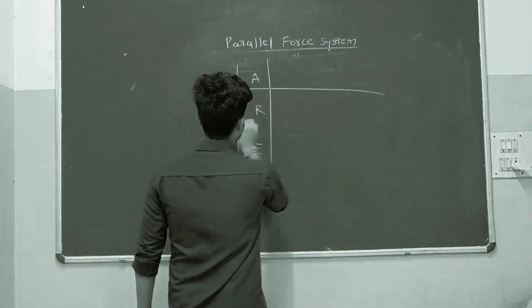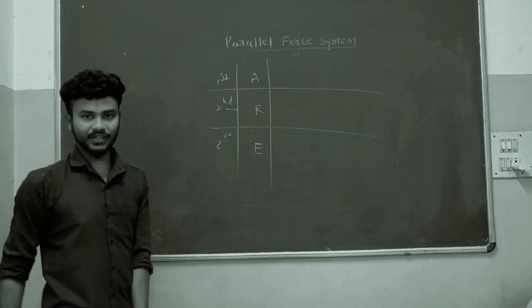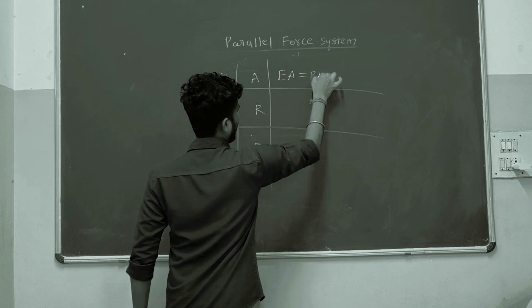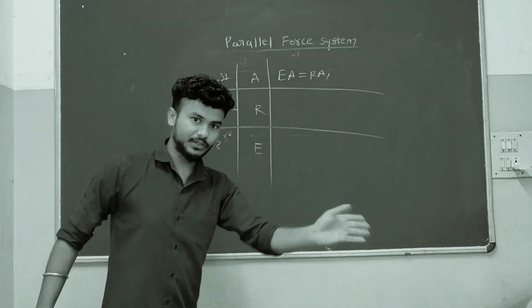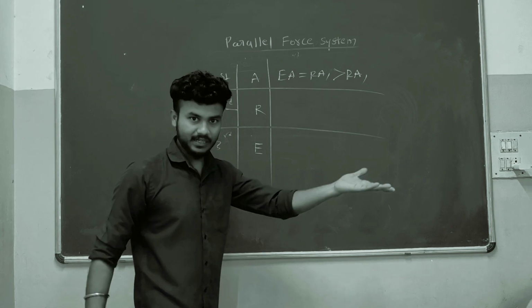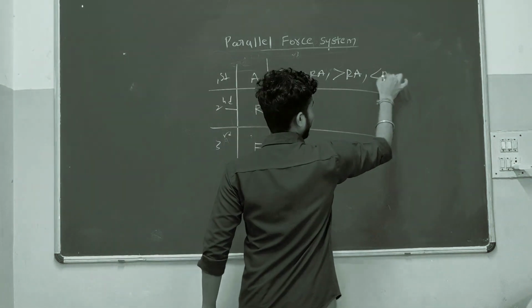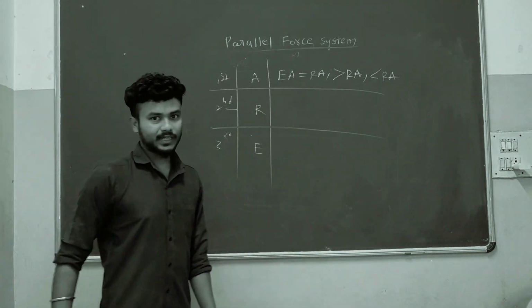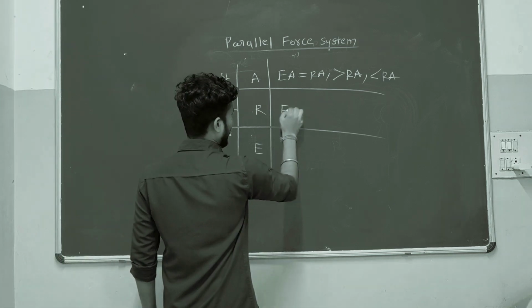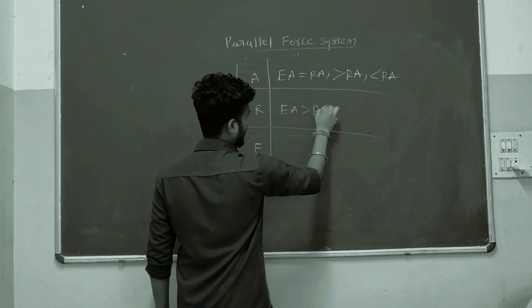And one more thing. In first order levers, the effort arm may be equal to the resistance arm, or greater than the resistance arm, or less than the resistance arm. But in the second order lever, the effort arm is always greater than the resistance arm.